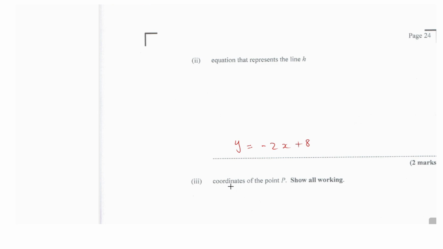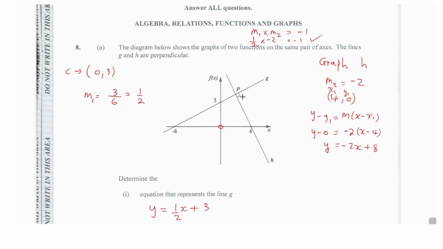And we want to find the coordinates of P, the point P. So let's look back at the graph. At the point P here, the two graphs intersect. Therefore, this equation, a half x plus 3, and minus 2x plus 8, they intersect, they are equal here.